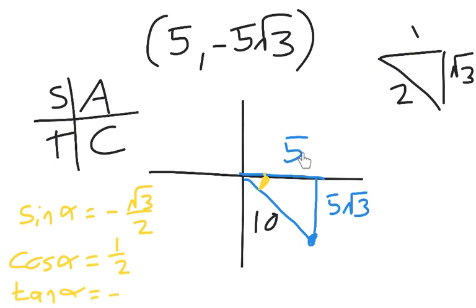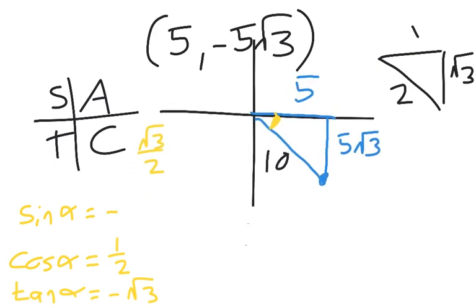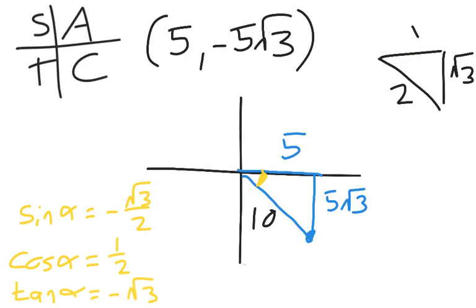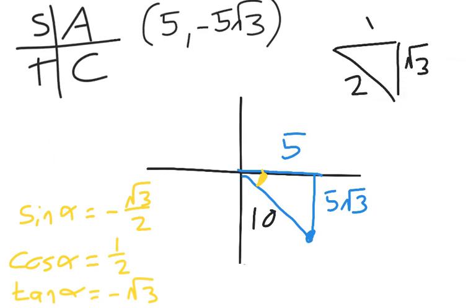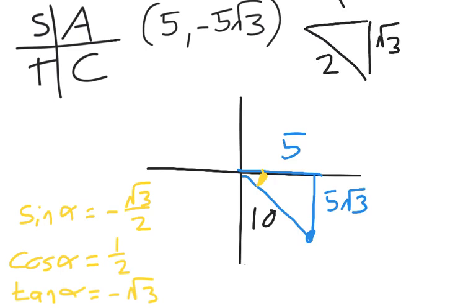So that would be 5 radical 3 over 5, which is just radical 3 over 1, which we can write as radical 3. So those are the only ones that I would find, these 3. And then the other 3 trig functions are the reciprocals of my big three, or these original three.